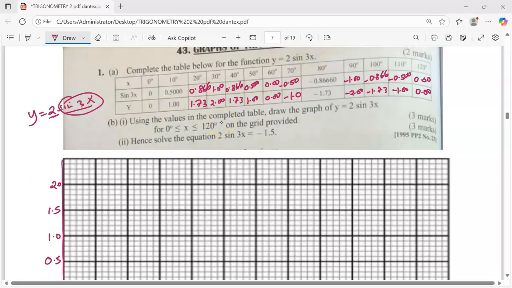Now we can use 1 centimeter to 10 degrees, so we can quote our scale very straight. On the y-axis, we have used 1 centimeter to represent 0.5 units, and on the x-axis, we have used 1 centimeter to represent 10 degrees.